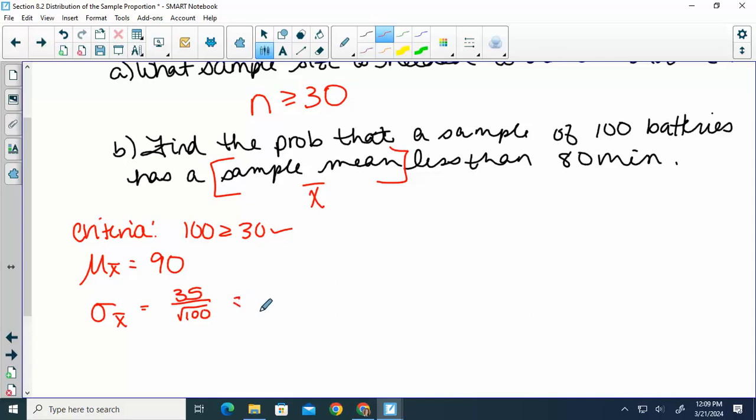And we get, so we're finding the probability that the sample mean, so x bar, is less than 80. So we have to get our z, our value minus mean divided by standard deviation.